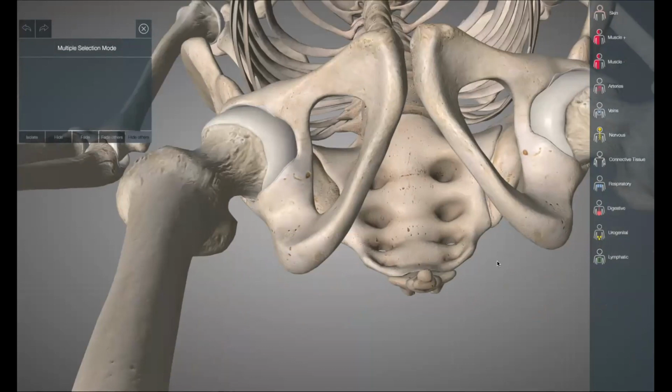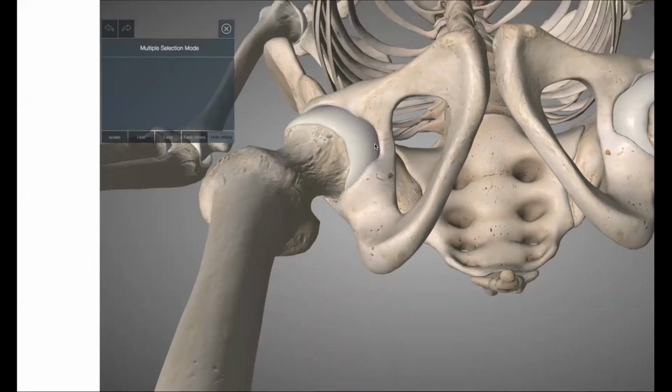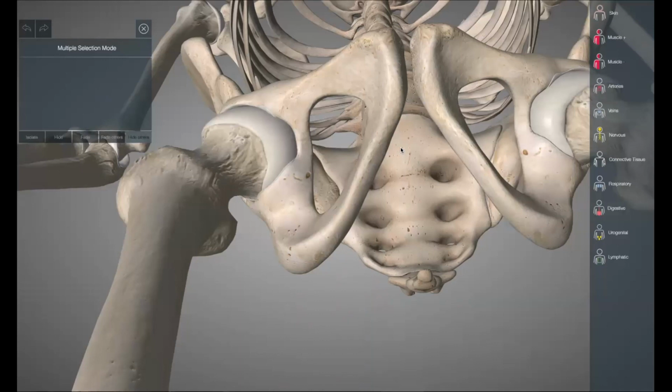If you draw a circle from here to here, anteriorly it's this part and it's called the pubic arc, which is the inferior border of the ischiopubic rami.